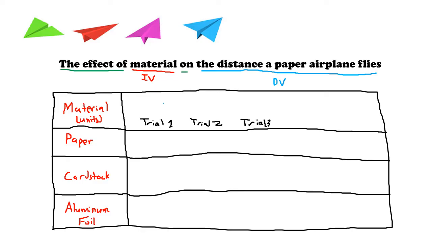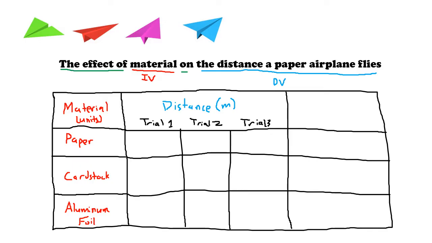So I'll label that as, again, distance. And since this is science, we want to use metric units, so I'll measure the distance in meters. And I have space to collect my data there.